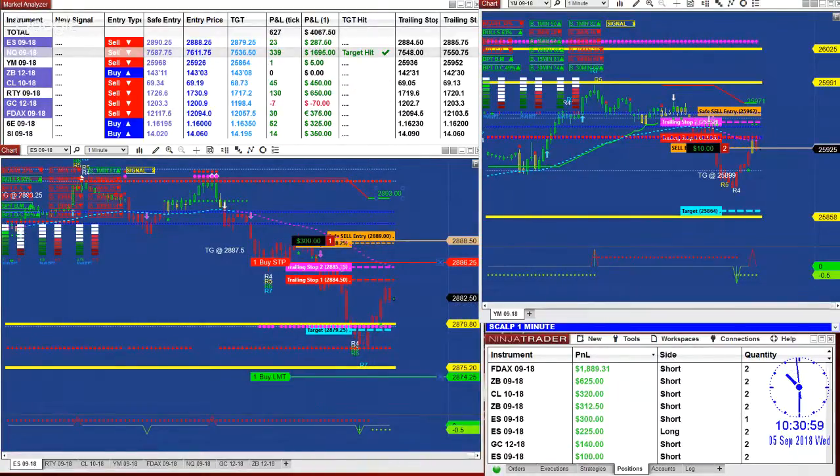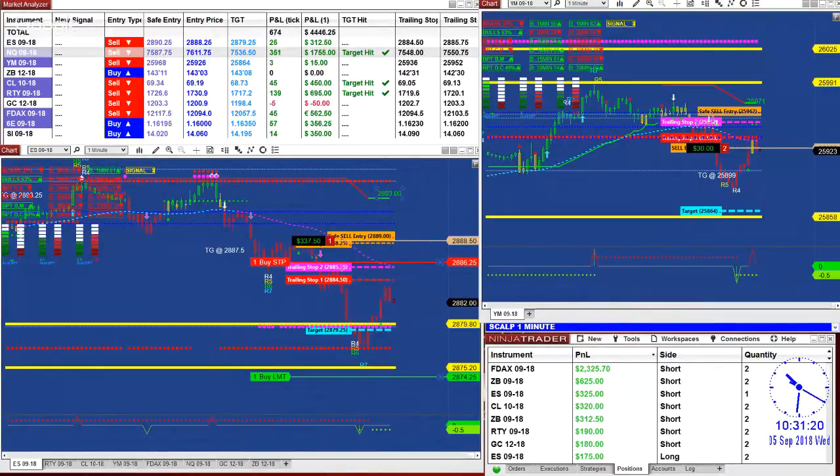So the difference between two traders with the same entry but a different exit: one trader is going to walk away with $400, and one trader is going to walk away with $1,000 on the same automated trade and the same entry.